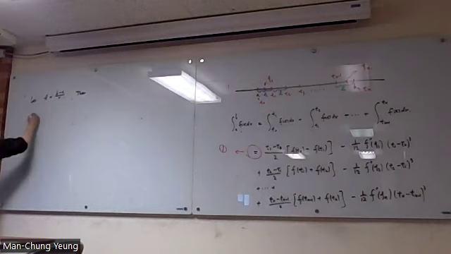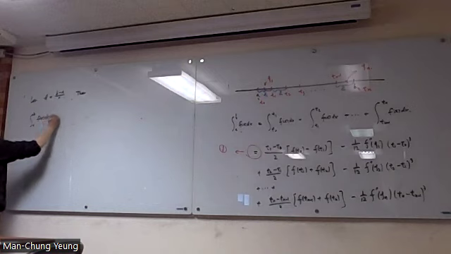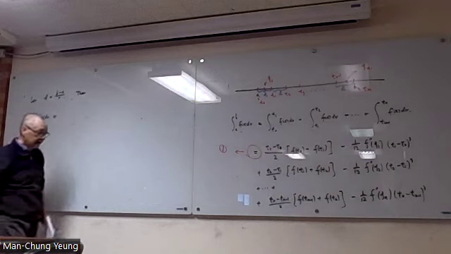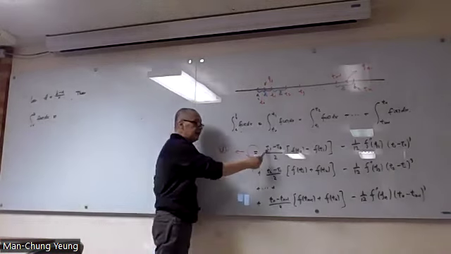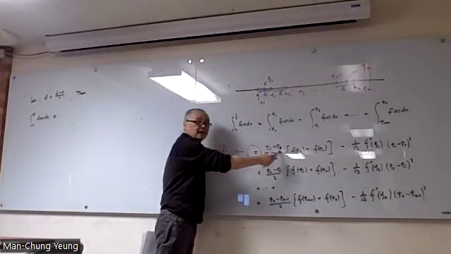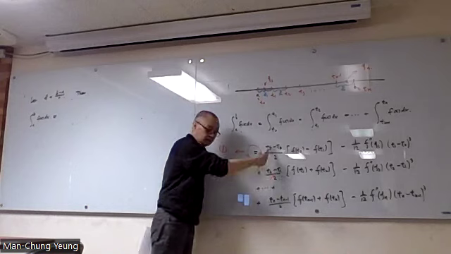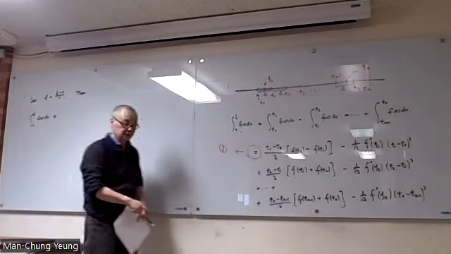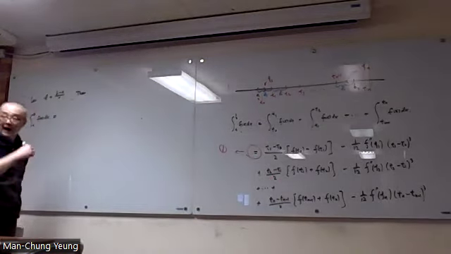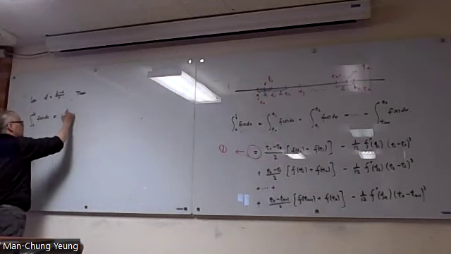The integral from A to B is equal to: T1 minus T0 is H, T2 minus T1 is H, so take out H over 2.